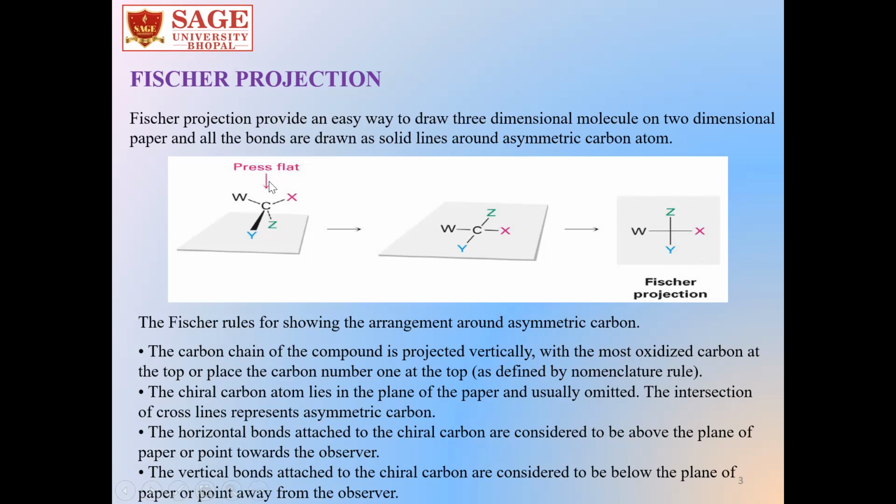Originally the molecule looks like this. These two are above the plane, these two are below the plane. So from the Fischer projection, what we have to remember is that the atoms or groups on the horizontal bonds are above the plane, and these two on the vertical bonds are below the plane. So this was the Fischer projection.